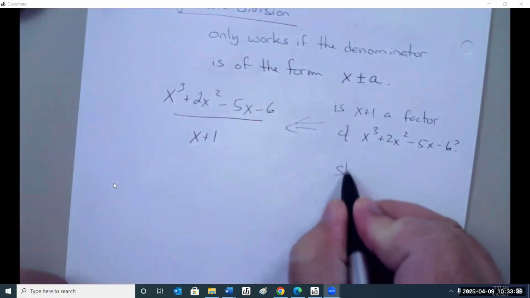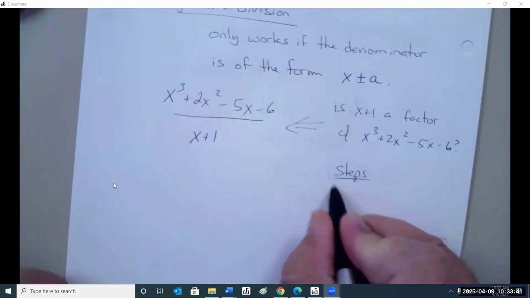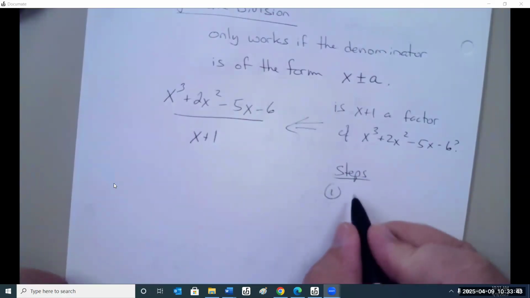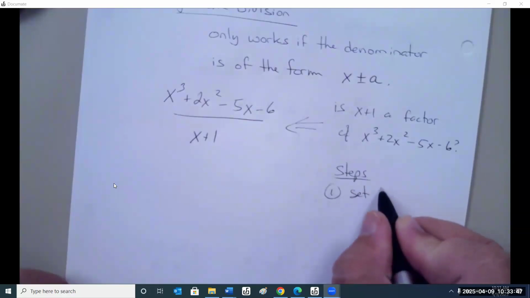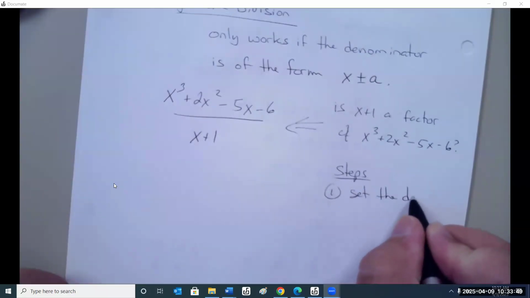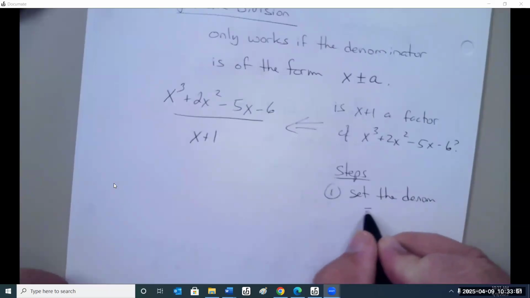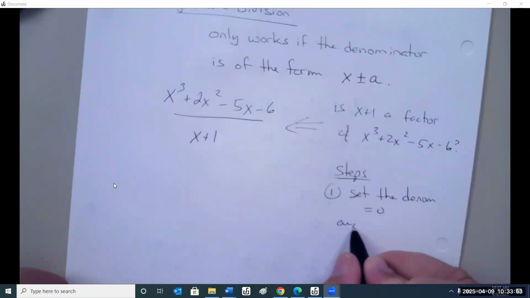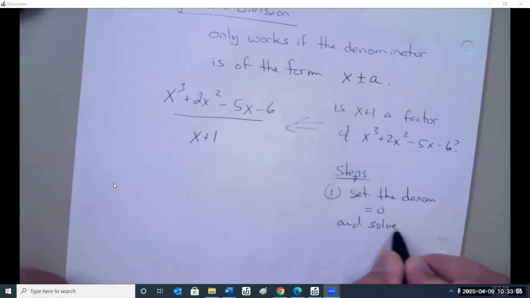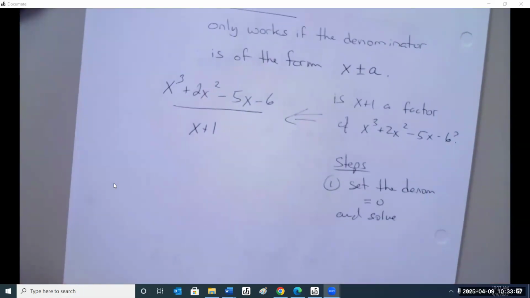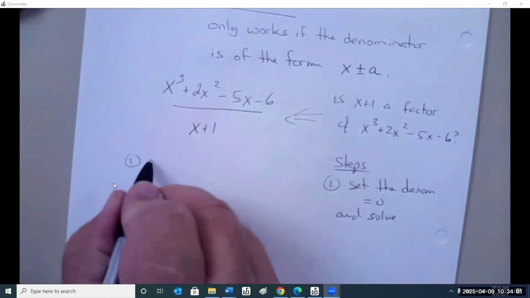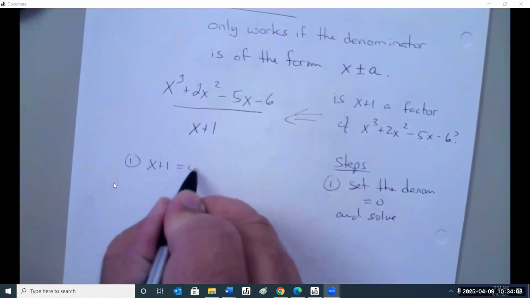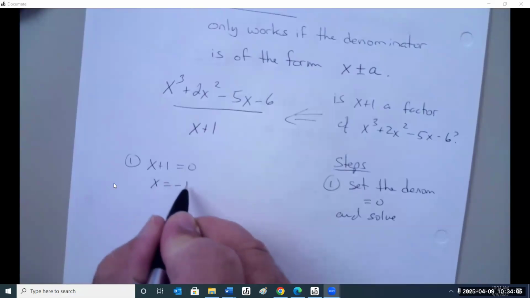So here are the steps. Set the denominator equal to 0 and solve. So here's my step 1. I took x plus 1, set it equal to 0, x equals -1.